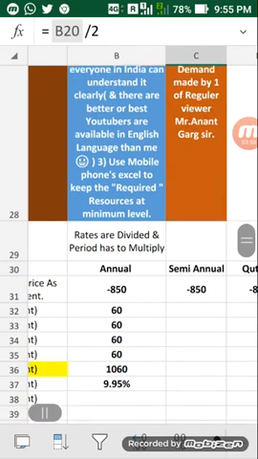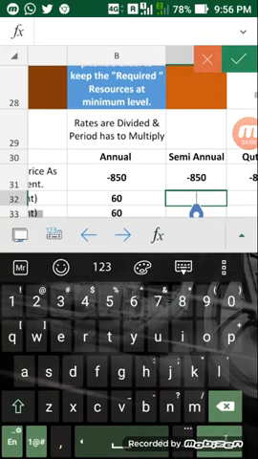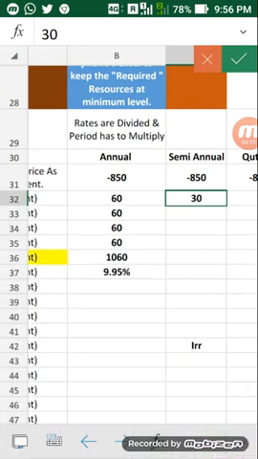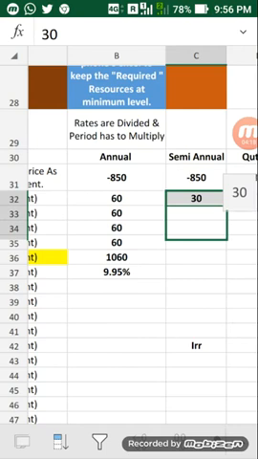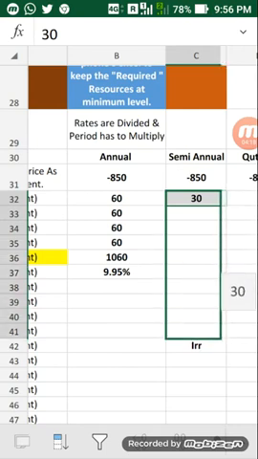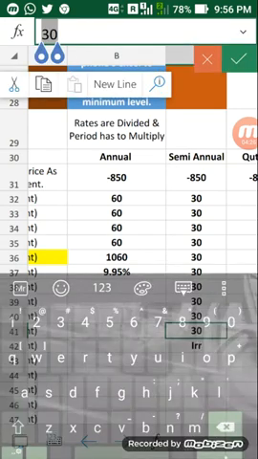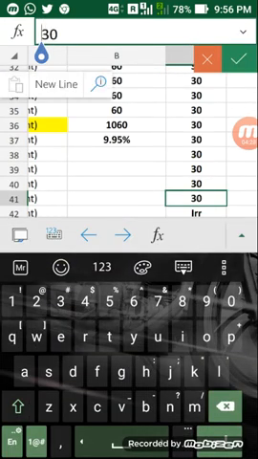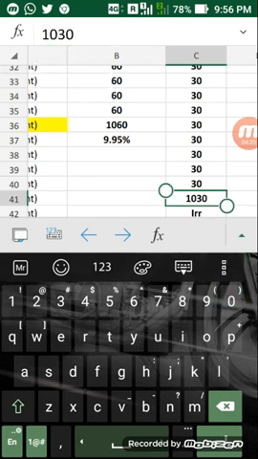Take your current market price as your initial investment and type rupees 30 ten times, because our n per is 10 this time. In the last row we will add rupees 1000 also, because we are getting rupees 1000, so it becomes 1030.